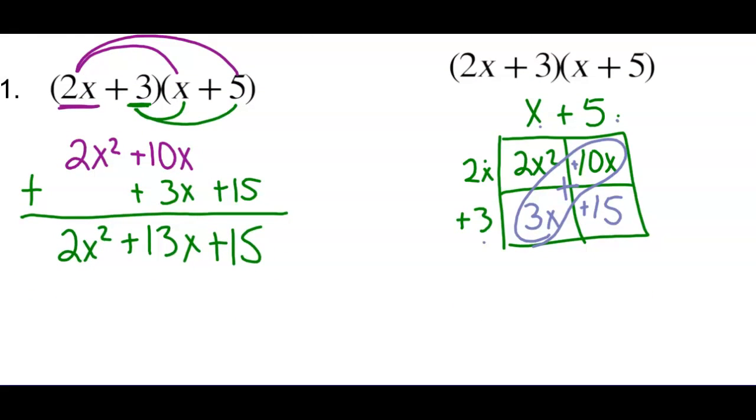We get our 2x squared from our first box here, and then add that together to get 13x and bring down your plus 15. And you'll notice that they're the same answer, just two different methods to do it.